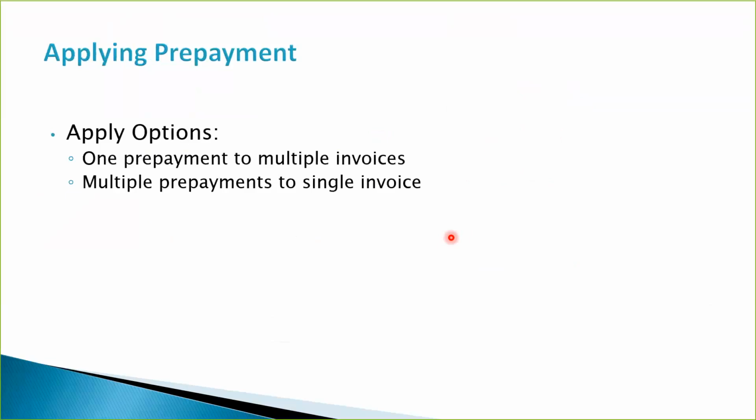The other thing we can talk about is that you can apply one prepayment to multiple invoices. Suppose you have two invoices, each of $40, so $80 in total, but they're two separate invoices, both tied to the same supplier site.